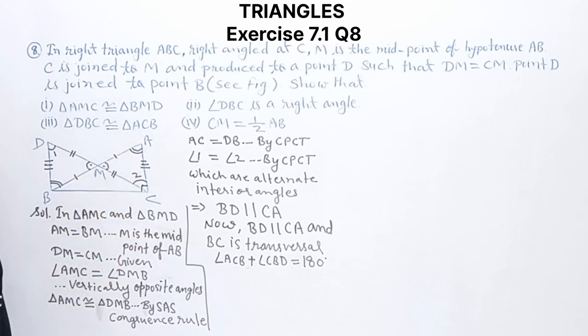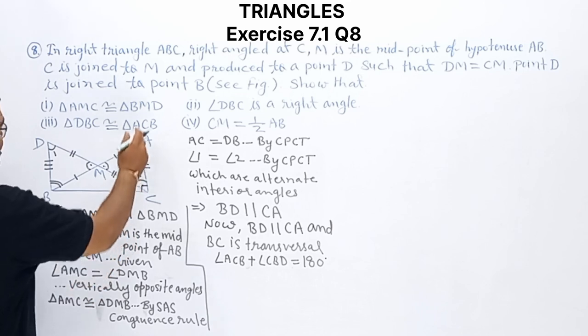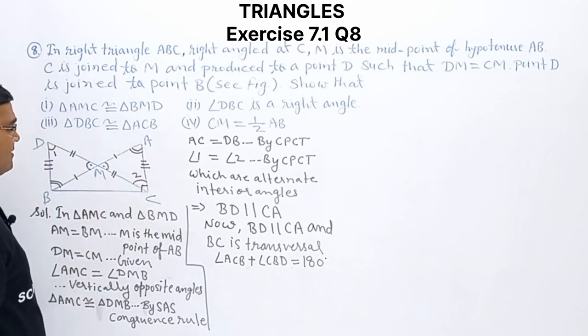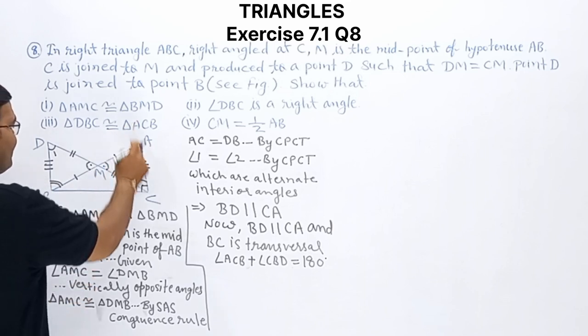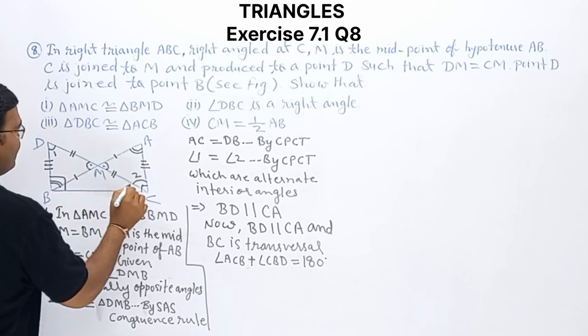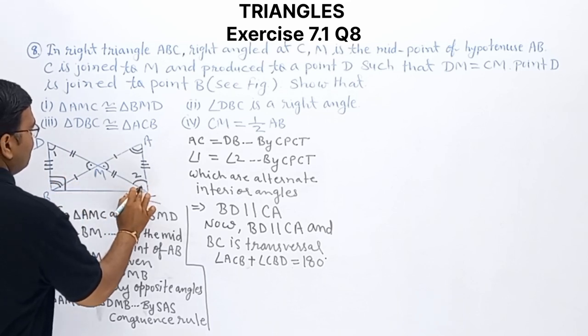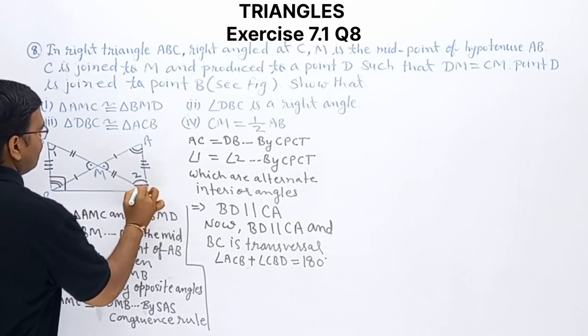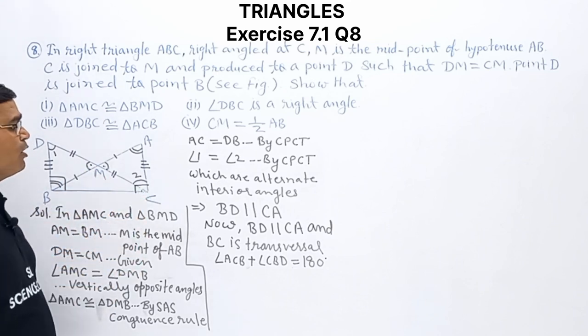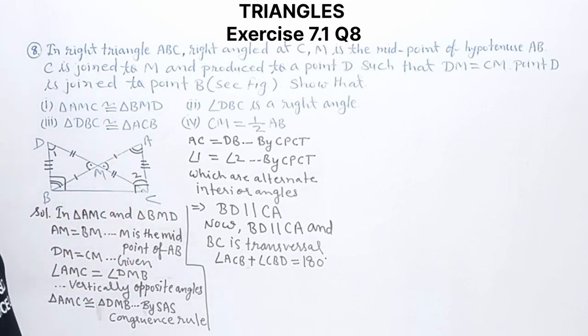Now I am taking this one parallel to this one, and I am taking this as a transversal. Then two parallel lines and one transversal, this angle and this angle, their sum will be 180. Why?